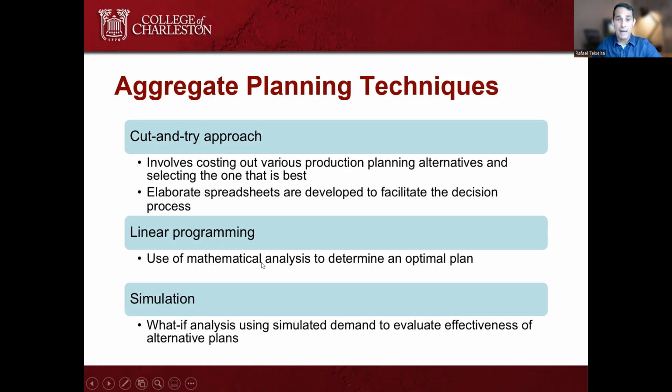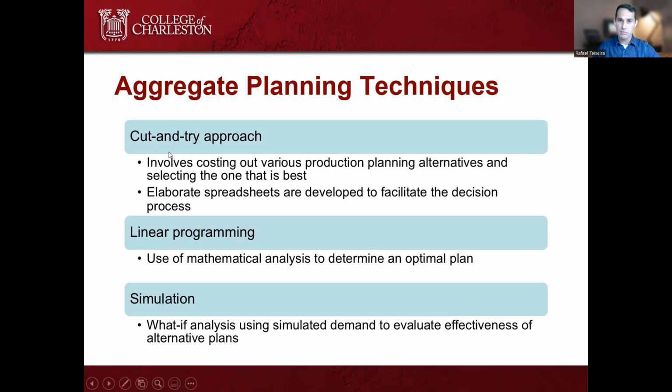Linear programming is mathematical analysis used through computers and algorithms. The company enters all information into the software, and then the software runs the analysis and tells the managers what the company should do, what is the best alternative, which products to produce, when to produce them, and everything. That's what linear programming does.